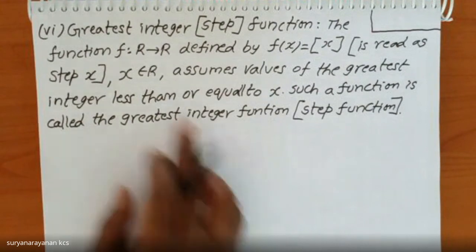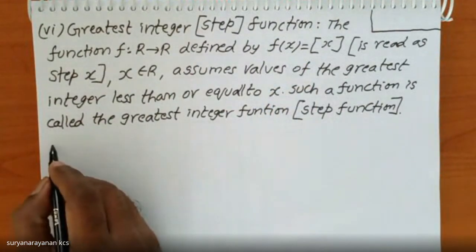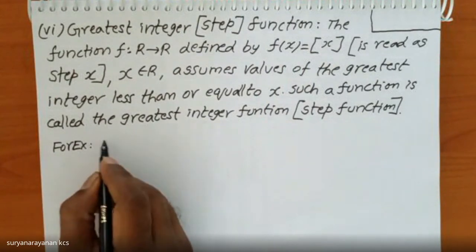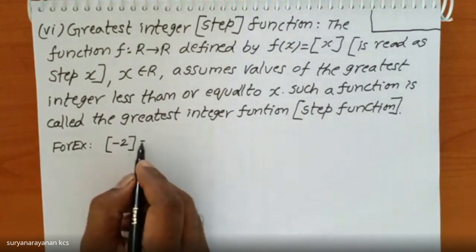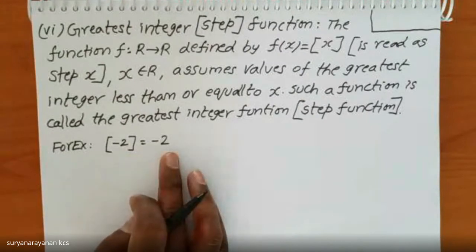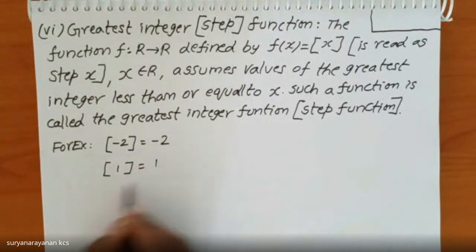To understand this function, for example, step of -2 is -2 only. Step of 1 is 1 only.